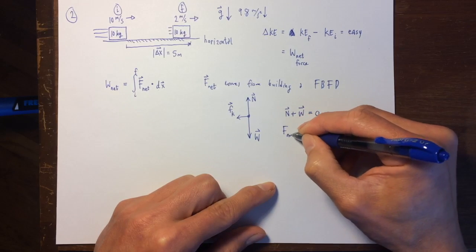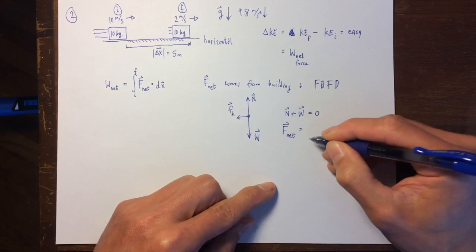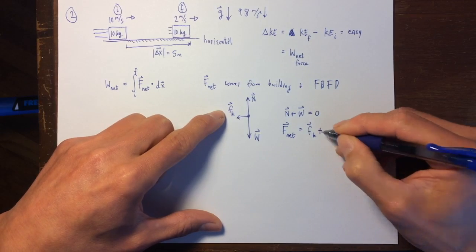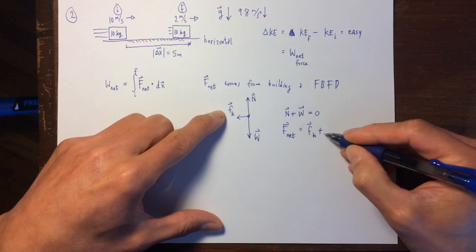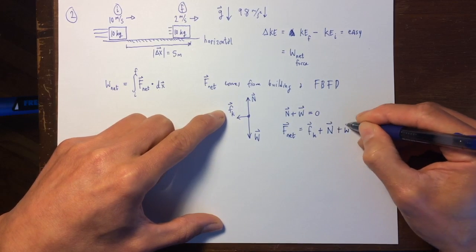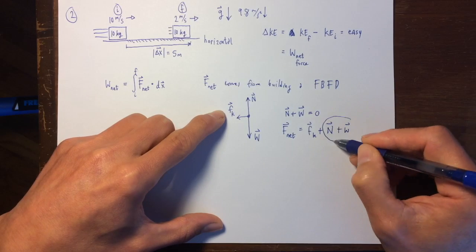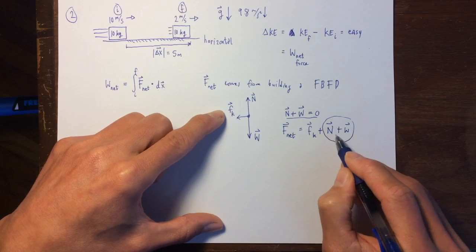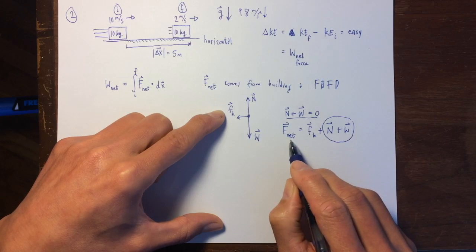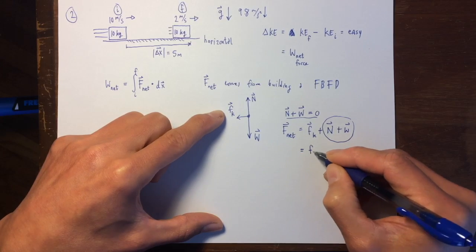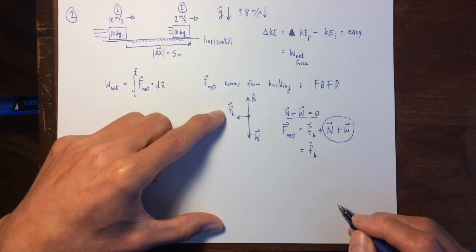So the net force is equal to the friction force, right? Net means summation, so I only get to use pluses. So plus N plus W. N and W balance each other out. There is no force in the up or down direction. So the net force is only the kinetic friction force.